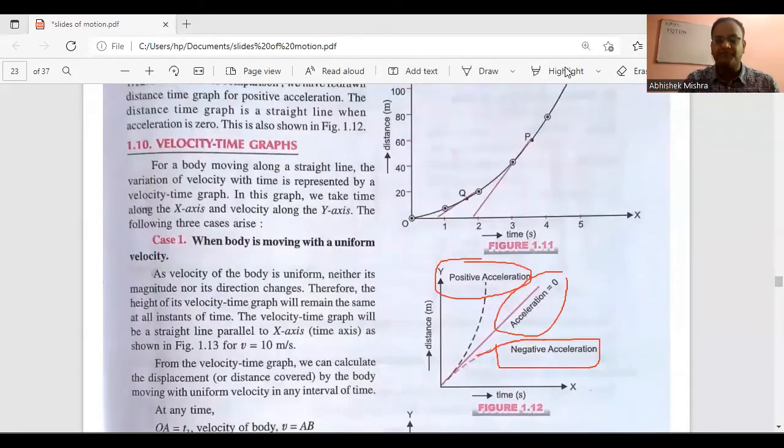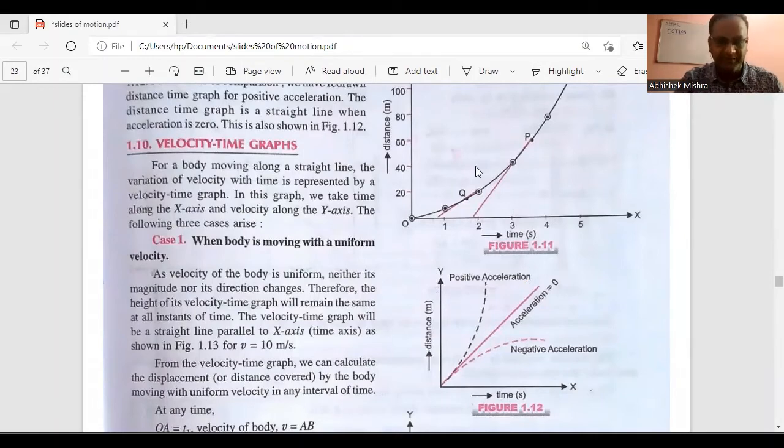Now, is it clear, students? Is this graph clear to all? Okay, fine.